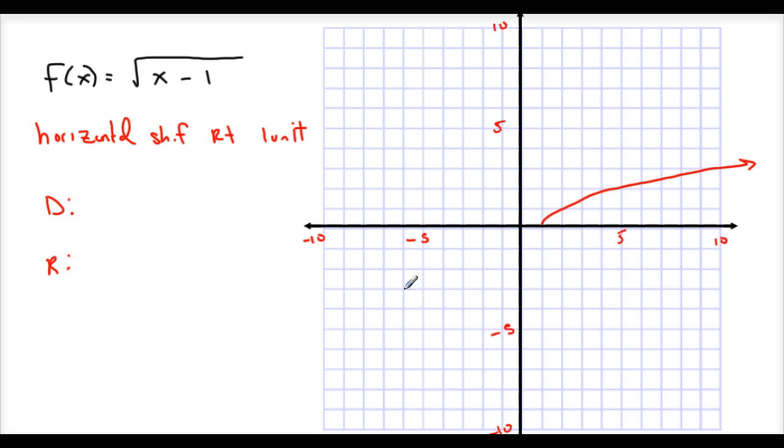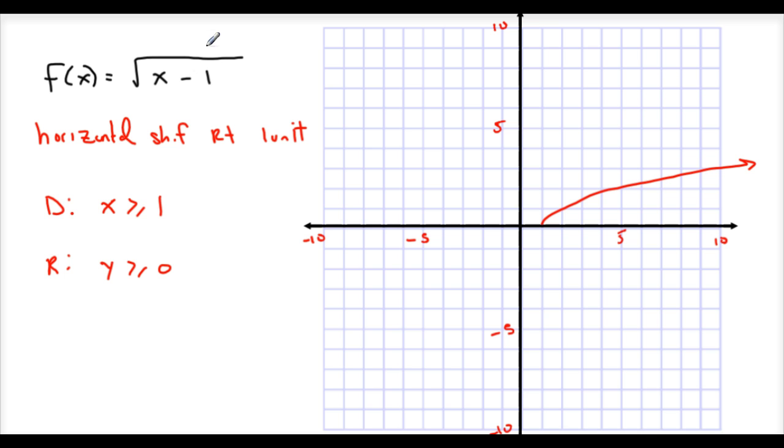The domain of the function will be x is greater than or equal to 1. I can no longer use 0 because if I put 0 in here, I'm going to get 0 minus 1. And the range is going to be y is greater than or equal to 0.